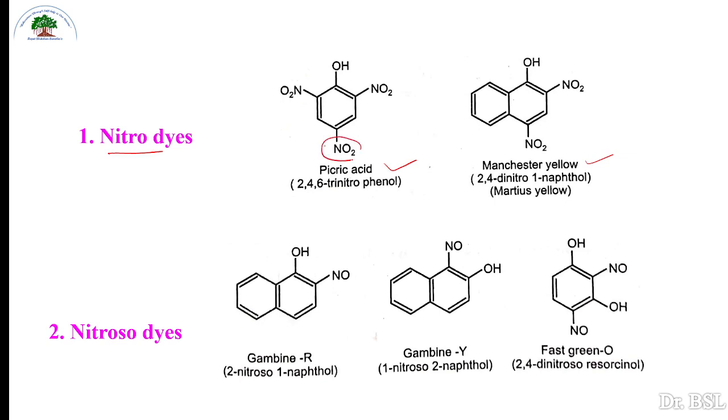Compounds containing NO2 group are known as nitro dyes. So nitro group containing dyes are nitro dyes. Then nitroso dyes. NO group containing dyes are known as nitroso dyes. These are some examples: gambine R, gambine Y, fast green O.